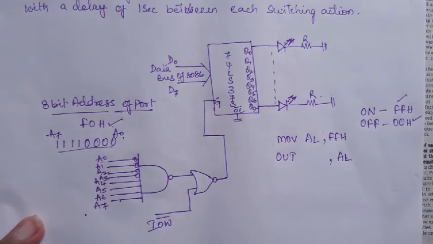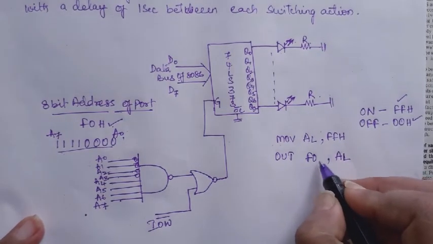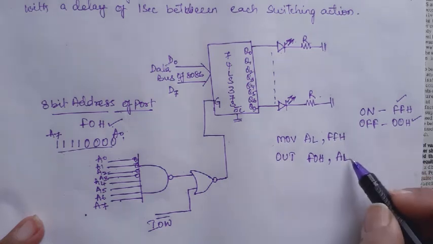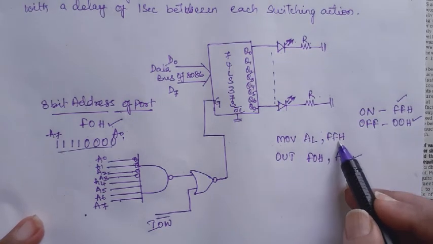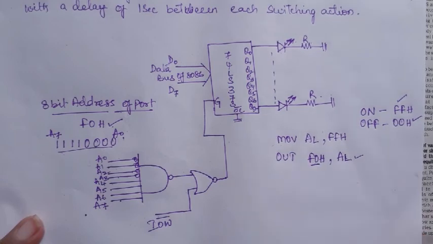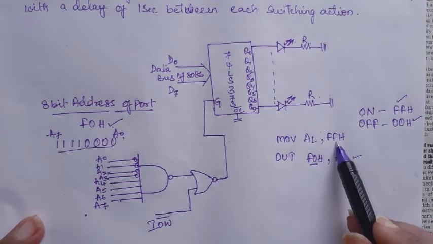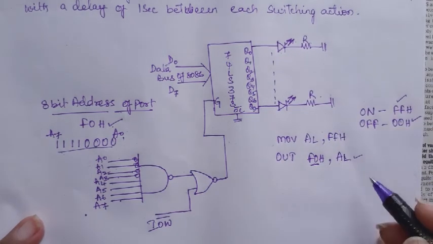We have selected the address as F0H. So with this instruction, FF will be sent to this port address, so that in AL you have all ones, and all the LEDs will be on.